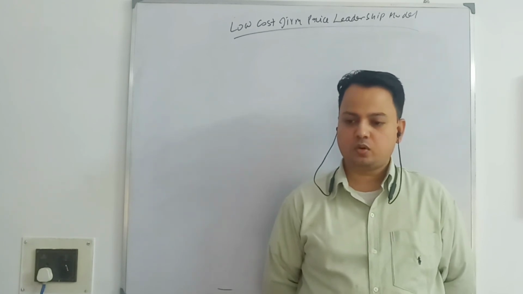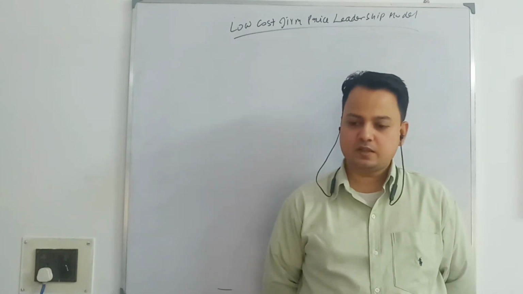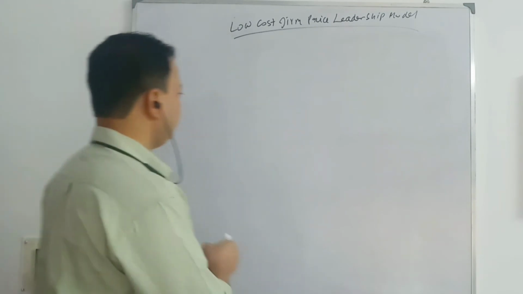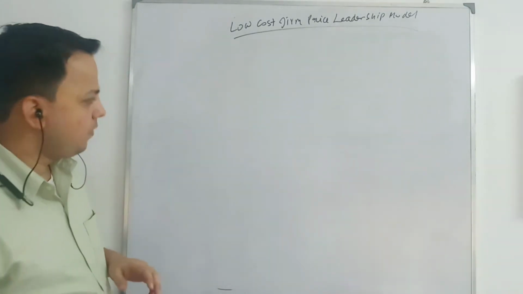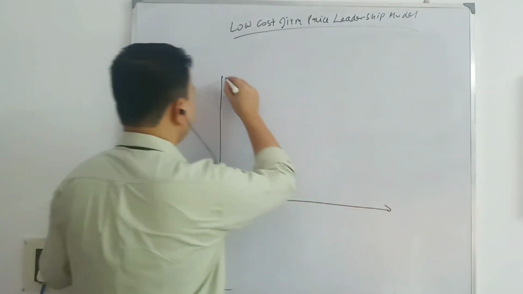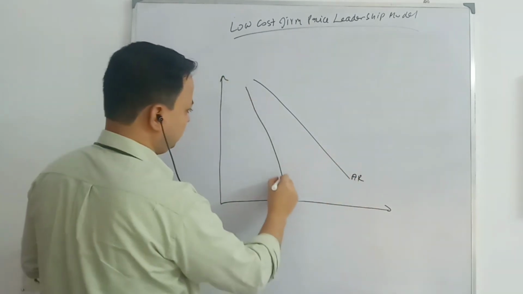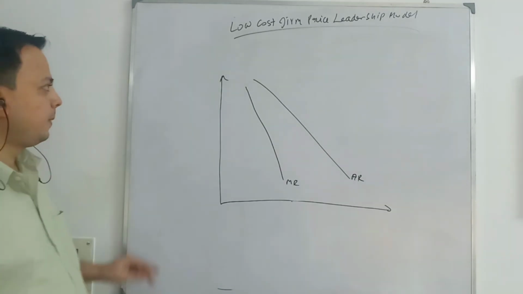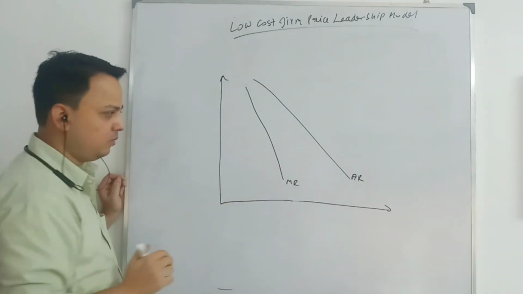One firm is a no cost firm, and the other is a high cost firm. So we consider two firms that have the same average revenue and marginal revenue curve.